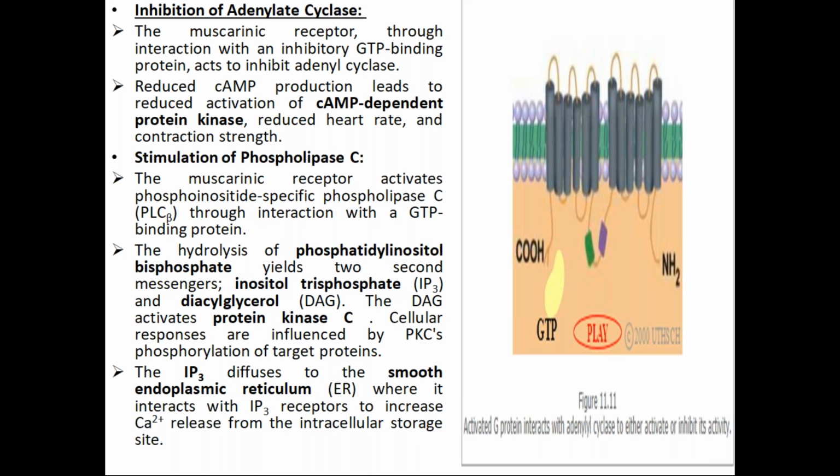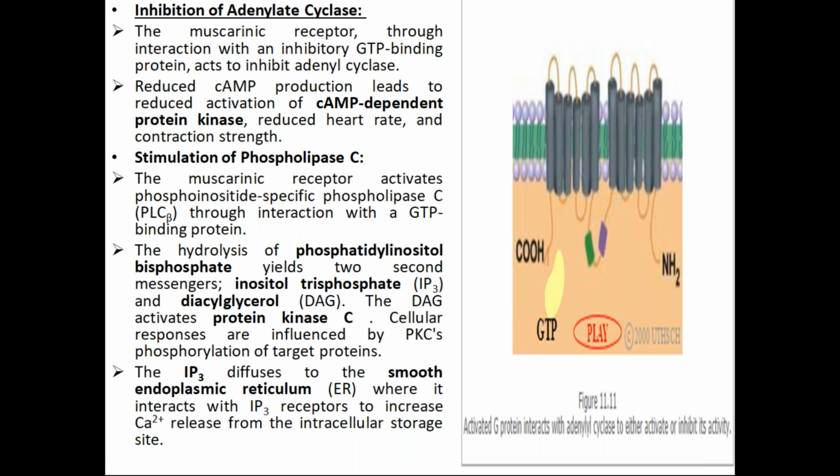Now, GPCR can activate two pathways, the cAMP pathway and the IP3 pathway. If the cAMP pathway is blocked, definitely the other pathway will be stimulated. So your muscarinic receptors are blocking this adenylyl cyclase pathway, but they are stimulating this phospholipase C pathway.